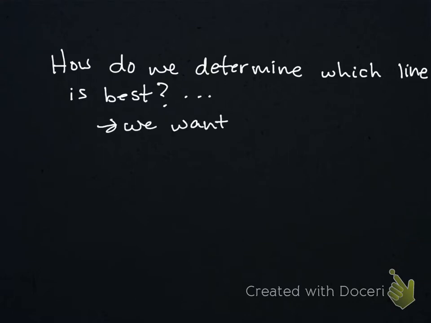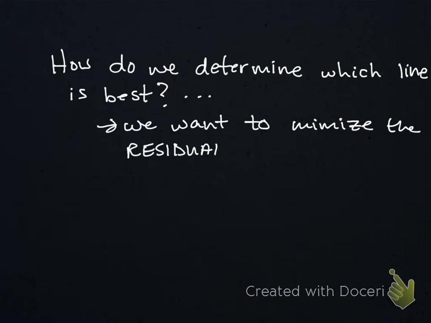We want to minimize what we call the residual sum of squares, which is the error in our prediction.